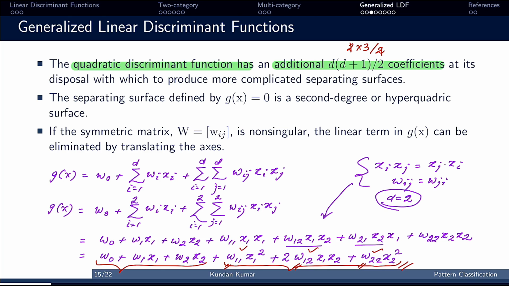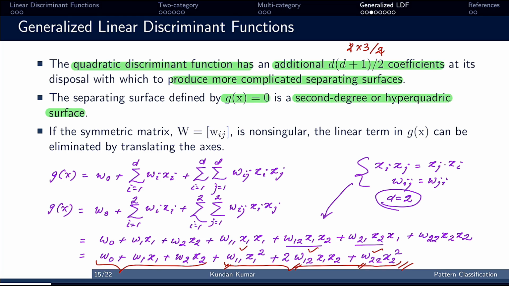When we have the additional terms, then definitely it will produce a more complicated separating surface because we have the higher order terms. When we put G(x) equal to 0, then it will give us a second degree or hyperquadratic surface.